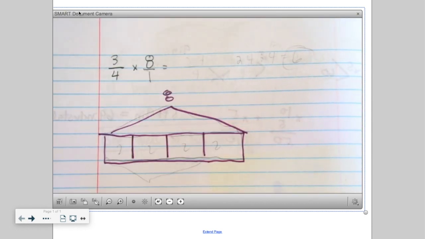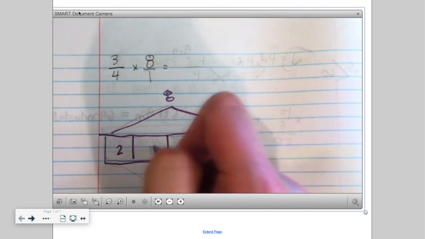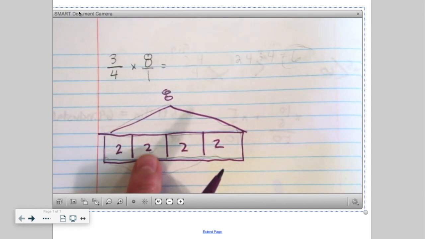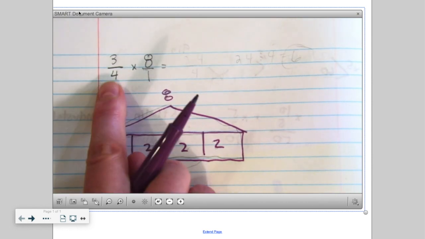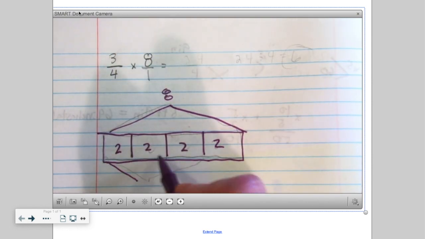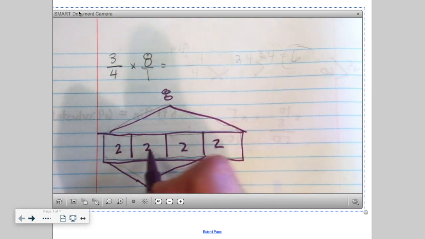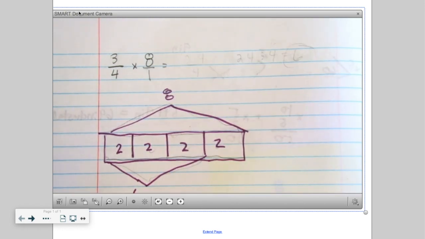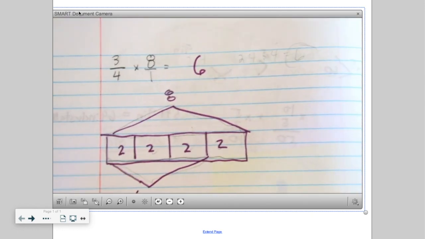Each piece is equivalent to 2. If I count it out, 2, 4, 6, 8. So those all equal 8. But I want to know what 3 of those fourths are. So 1, 2, 3 of those fourths would be equal to 2, 4, 6. So 3/4 of 8 is equivalent to 6 whole.